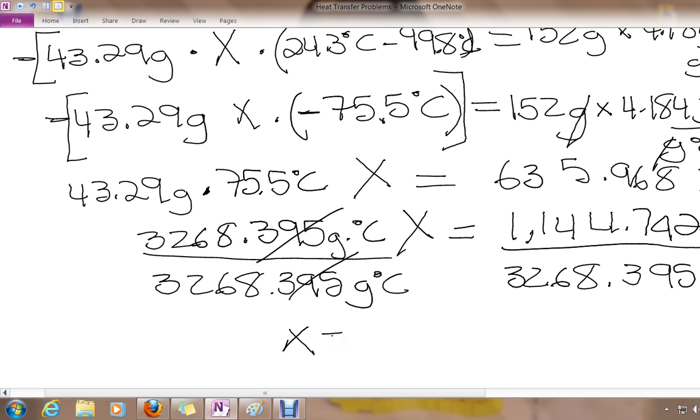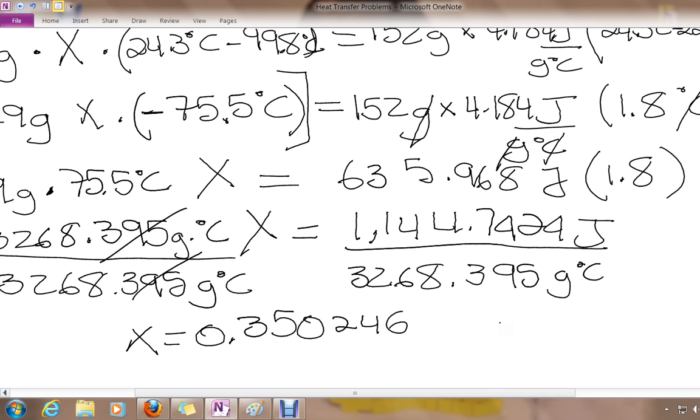So our x, which is the specific heat, is going to be 1,144.7424 divided by that, which is 0.350246, and if we look at the units, it's joules per gram per Celsius.